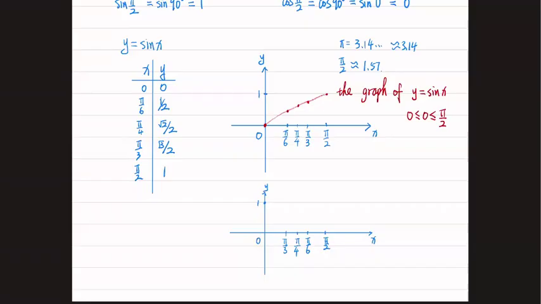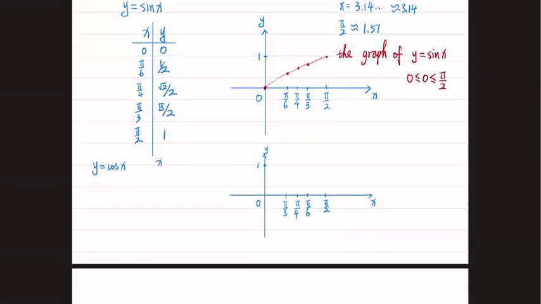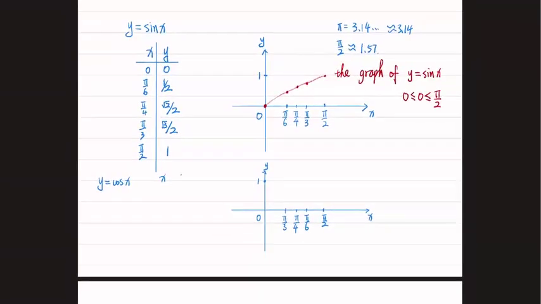Again, I will make a table: y is cosine x, with x and y. Zero, pi over 6, pi over 4, pi over 3.